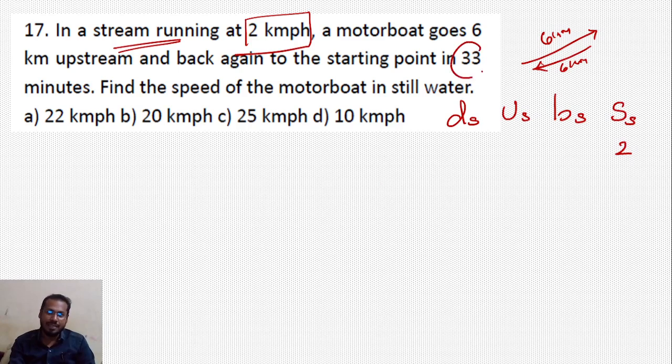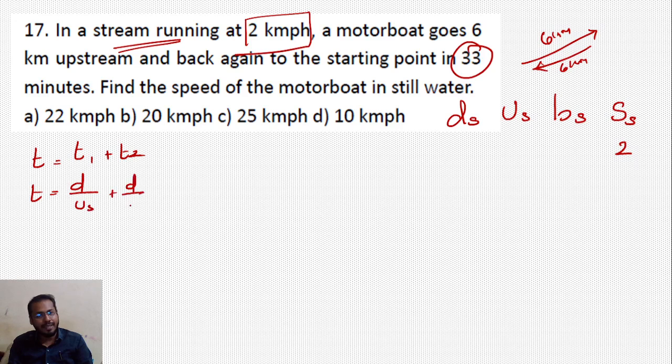As usual, if time is given common, take the time formula. Time is equal to T1 plus T2, common time. So time is equal to distance by upstream speed plus distance by downstream speed. But here, upstream speed and downstream speed are not given. So if it is not given, just take it like this: if only one value is given, take another value x. If I get x, I can find ds and us, right?